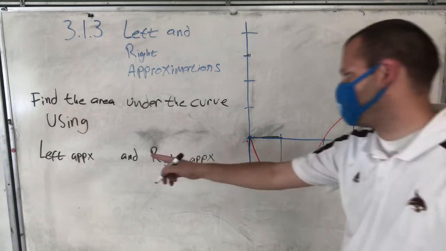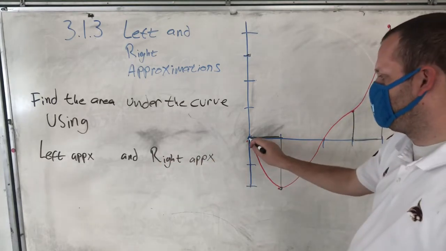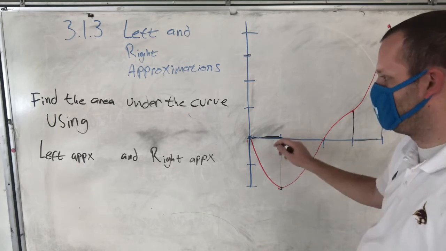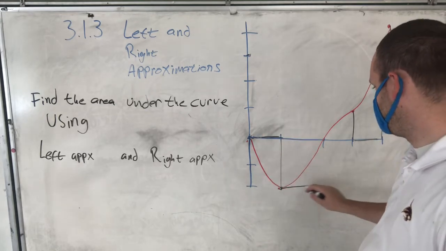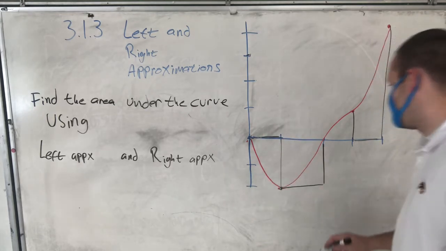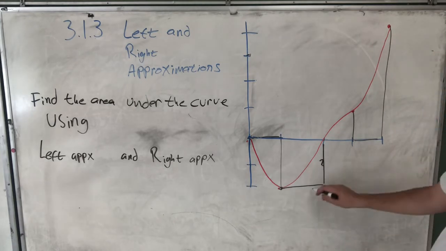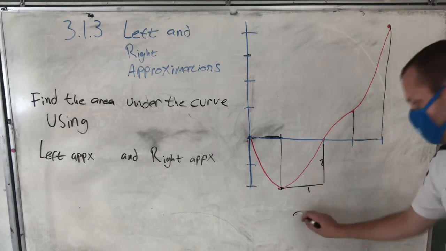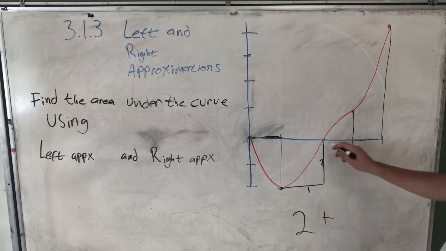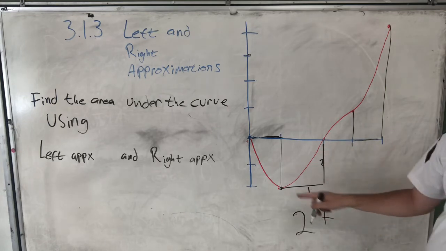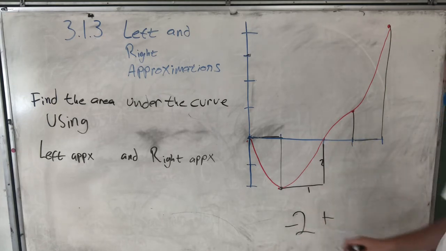If we're using a left approximation, left would be here, so we've got that line. The next one would be here. That's 2 high, 1 wide, so that gives me an area of 2, plus here, actually it's negative 2 because it's below the x-axis.